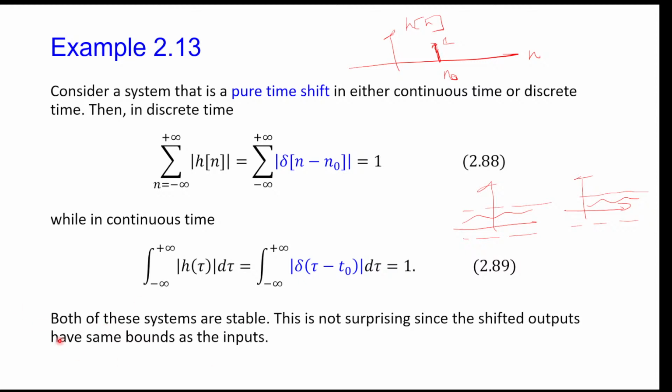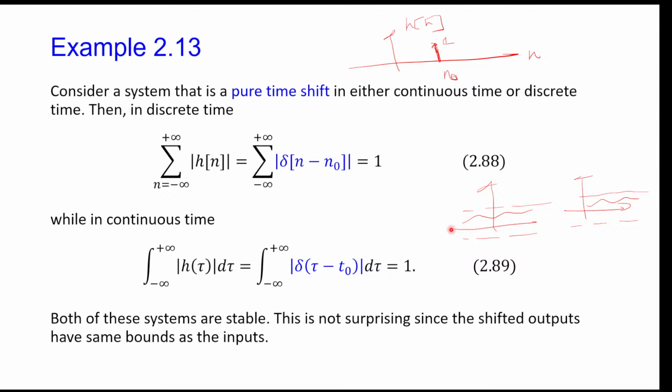So you see that both of the systems are stable. Okay, and that fits with our intuition about pure time shift being a BIBO stable system, because if your input is bounded by something, the output will be bounded by the same thing.